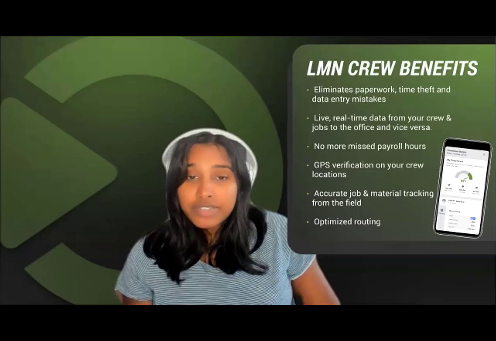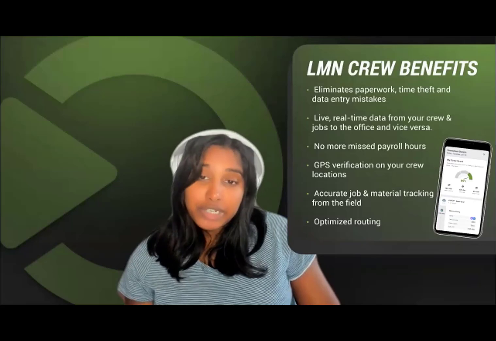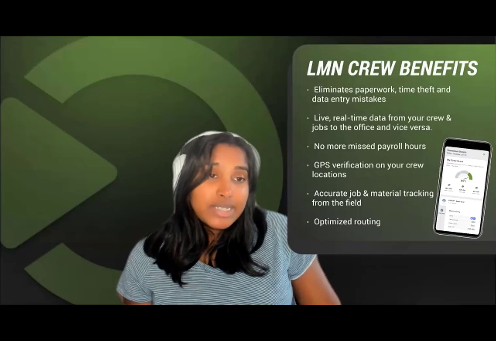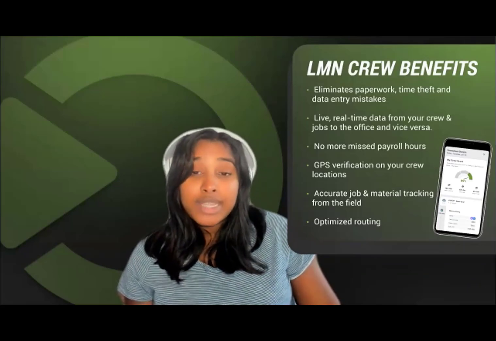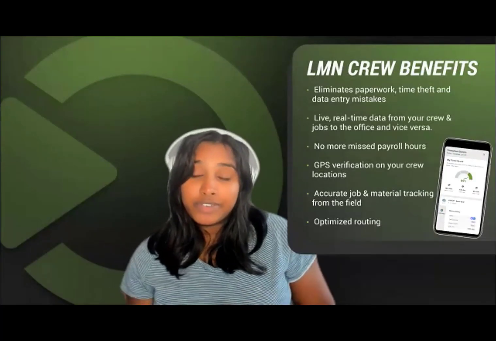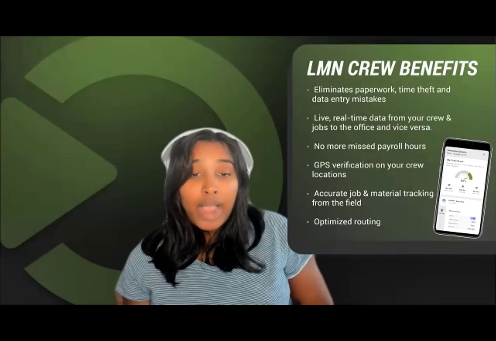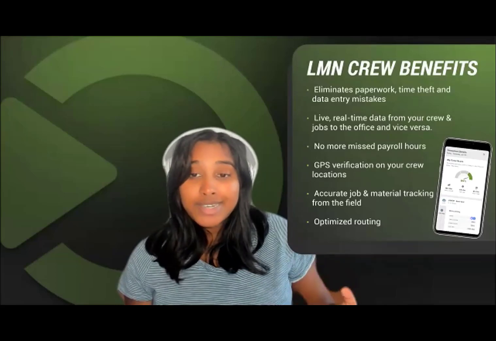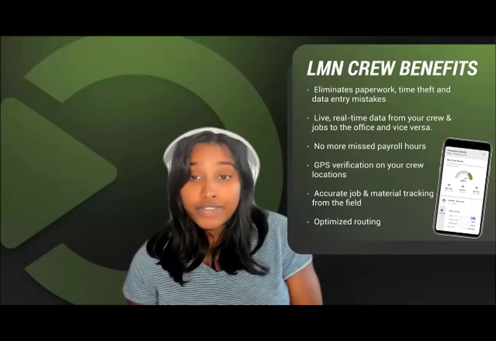There's also a GPS verification on your crew's locations. So what this means is anytime your crew clocks into a task or service, it starts a GPS verification. And how that works is that GPS tag is available for folks in your office to see.